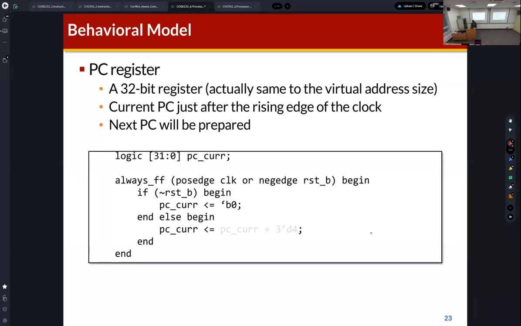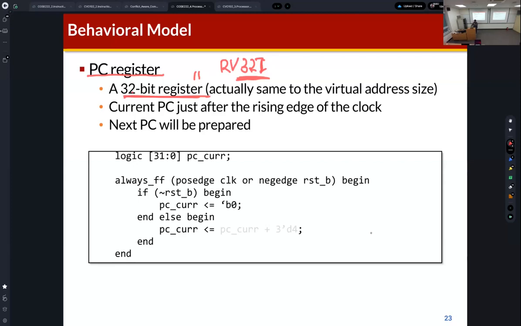As you can see, this is the PC register, and the PC register is a 32-bit register, because we are learning about RV32I, the 32-bit computer system.